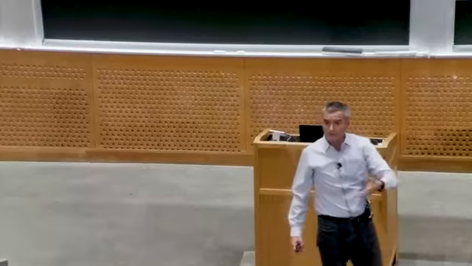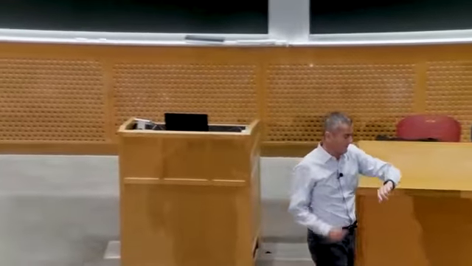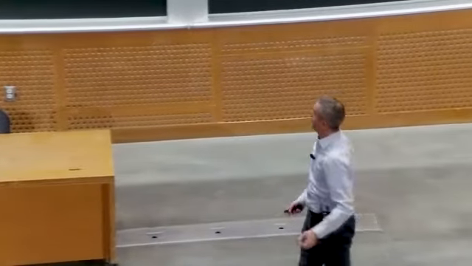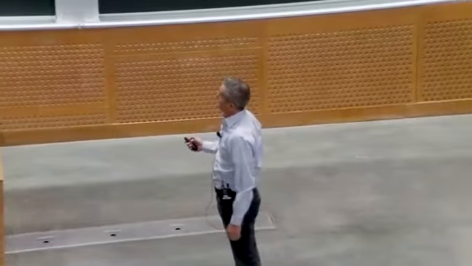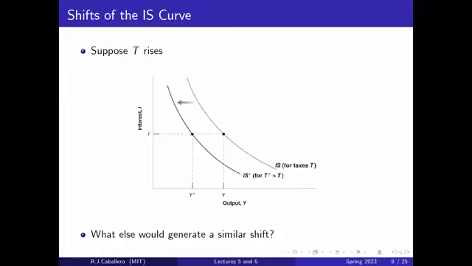If you increase taxes, that will reduce disposable income for any level of output, and that will lead to a contraction in aggregate demand, output, and so on and so forth. So that means that for this interest rate, now I found another point that is an equilibrium in the goods market, but it belongs to a different IS because I moved one of the parameters, which is the taxes.